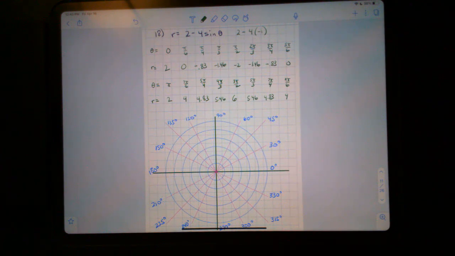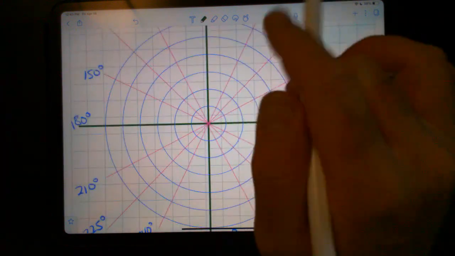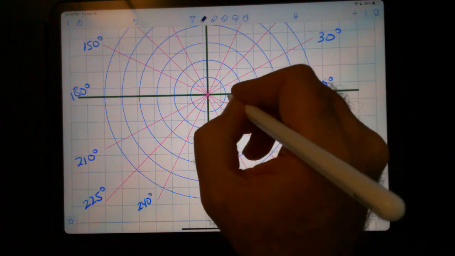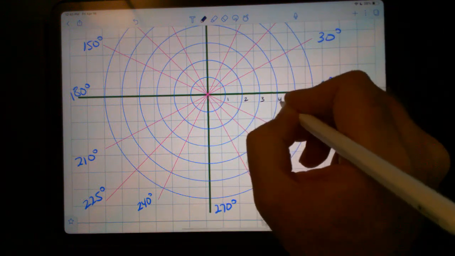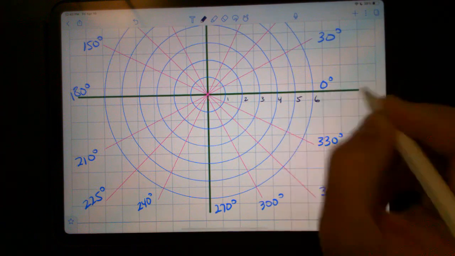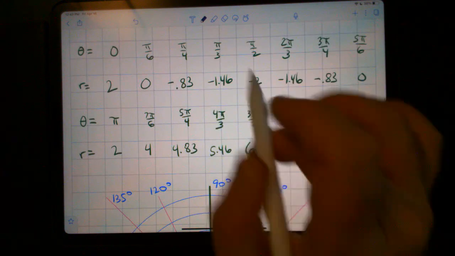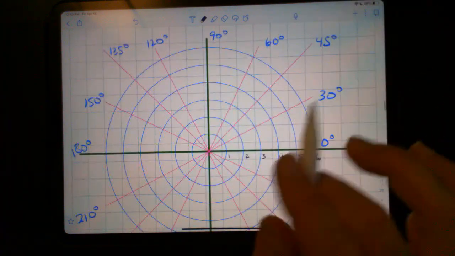So our domain, we're looking at going from 0 to 6. And so each of these increments will be a 1 unit increment. So when theta is 0, r is 2.